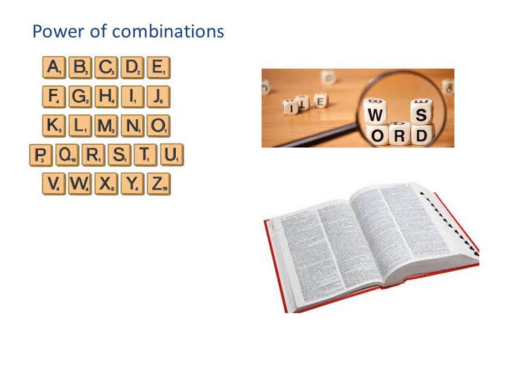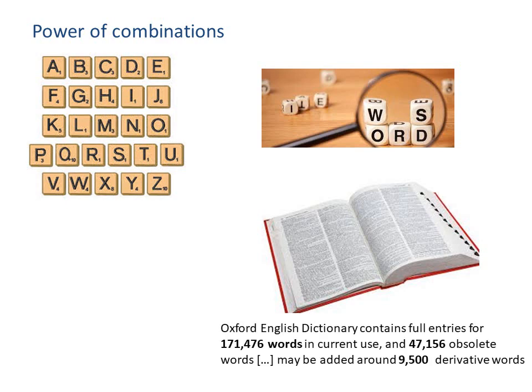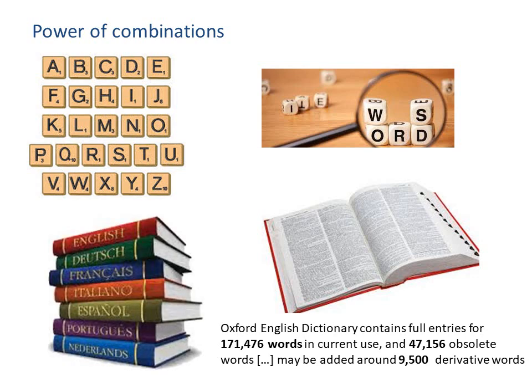Sometimes the rules can be that a letter cannot go before another one, or you cannot end a word with a particular letter, but in general, you have a power of combination that is tremendous. So if you guessed around, I don't know, 200,000, you probably were on the right track. But that's only if we're counting English. These letters can be combined to form words in many, many languages.